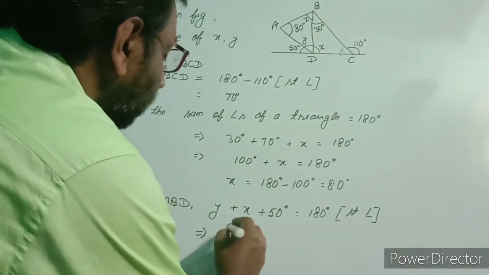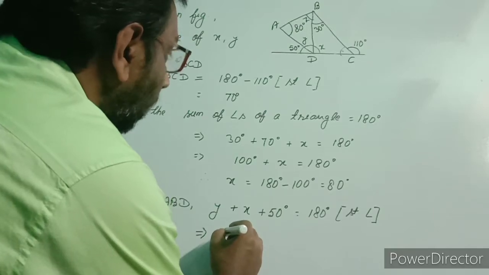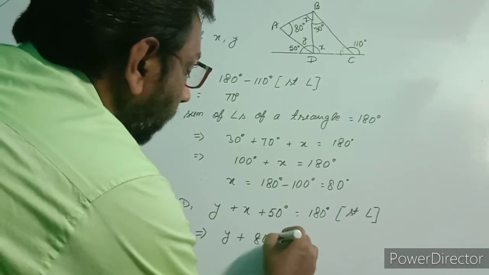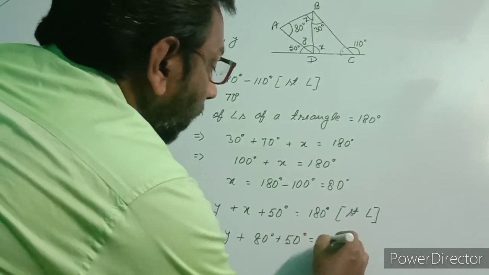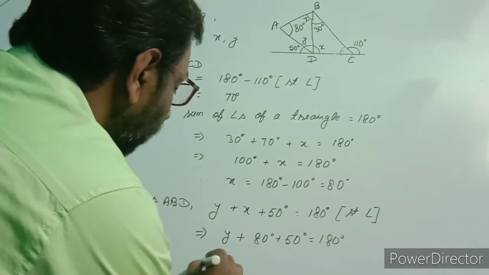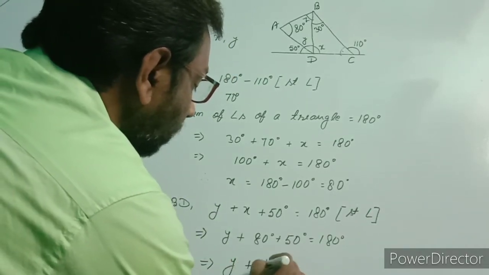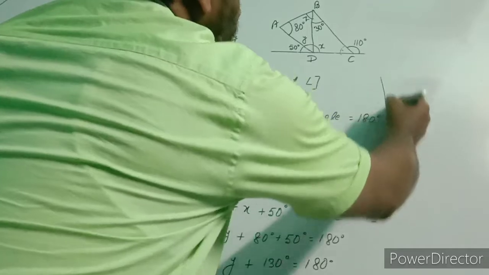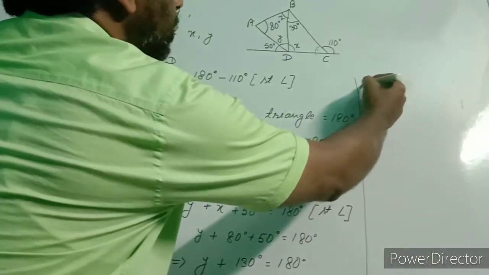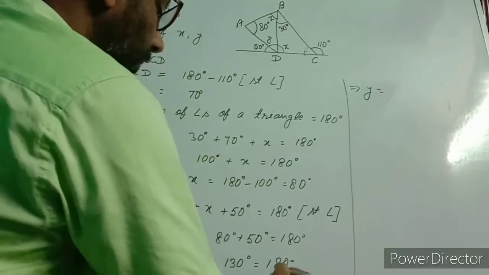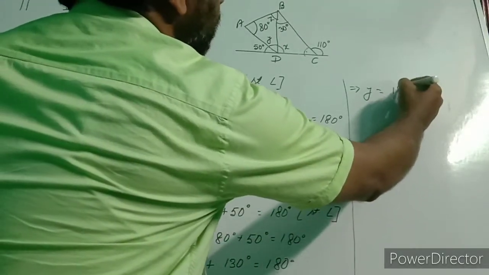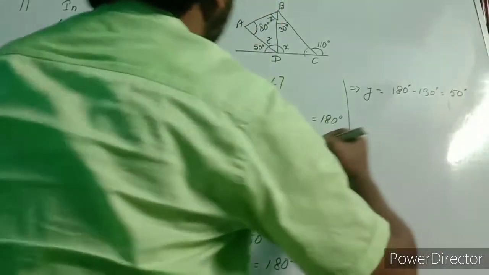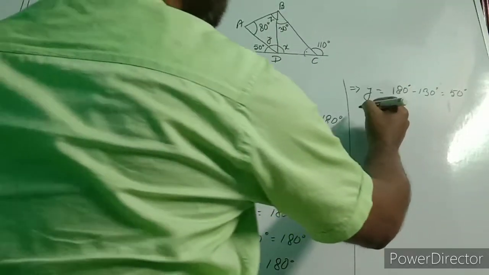Implies that the value of x we have got, that is 80 degree, plus 50 degree equal to 180 degree, implies that y plus 130 degree equal to 180 degree. So y equal to 180 degree minus 130 degree equal to 50 degree. Now z is left.